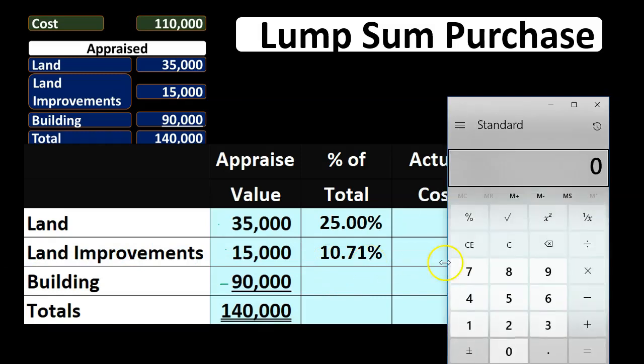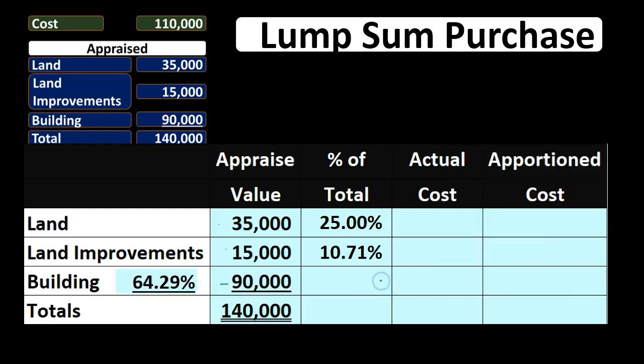And then of course if we take the 90,000 divided by the 140, we get 0.6429. And if we add all those up, then we get the 100%.